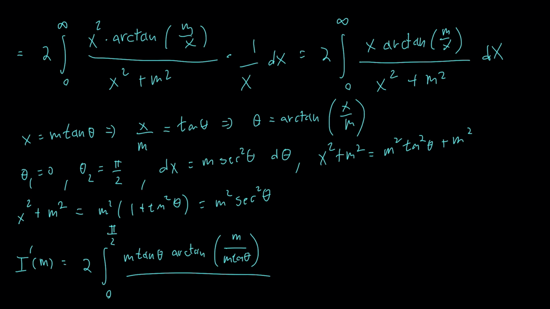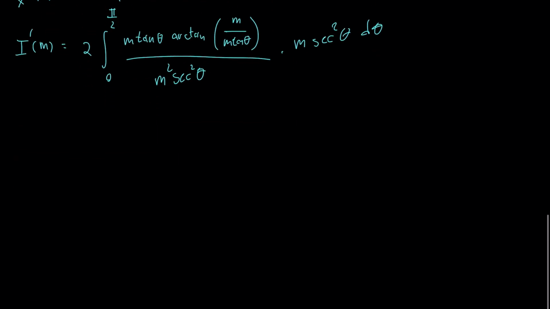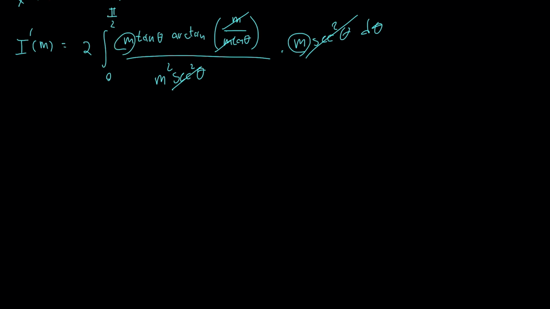We showed that's m squared secant squared, and we showed that dx is m secant squared theta d theta. So as you can see, these secant squareds will cancel. This m divides to 1. This m and this m become m squared, but it will end up canceling that m squared.